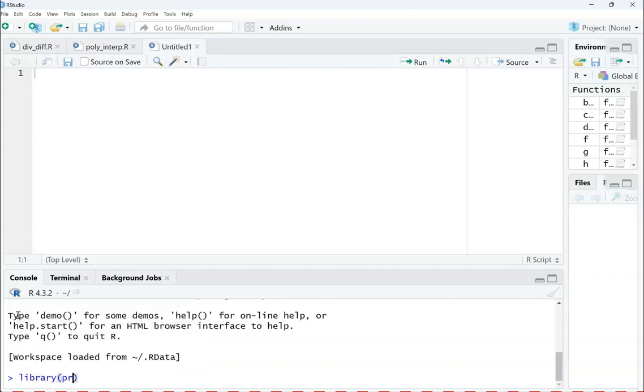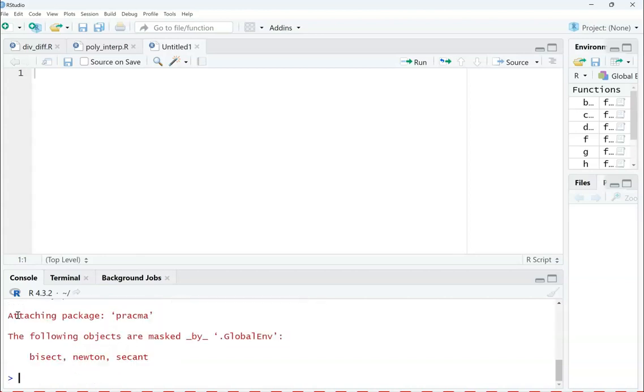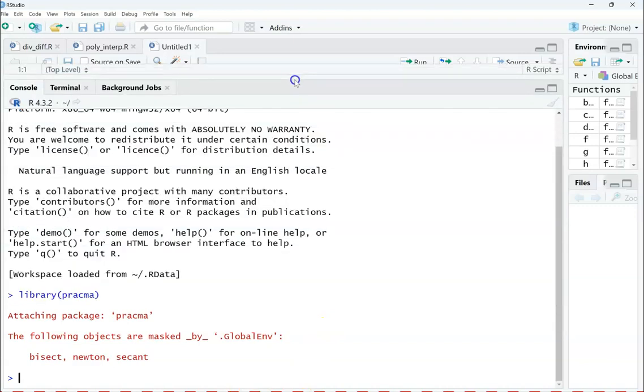Let me expand this so you can actually see what's going on. All right, so the first vector was 1, -4, 2, -3, and the second vector was -3, 8, -4, 6.